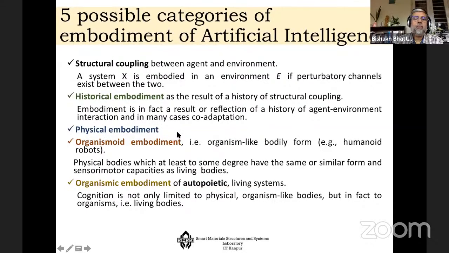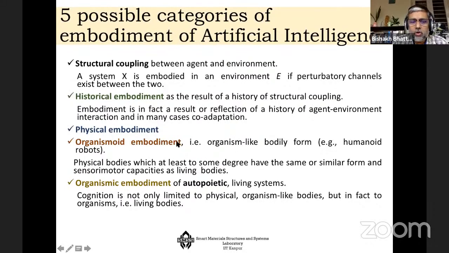These are the physical embodiment. With some more sophistication, we can bring in an organism-like or bodily form. So organismoid embodiment, which will have quite a few degrees of freedom, such that this entire sensory motor capacity can mimic a living body system. And of course, our final goal is to reach organismic embodiment of an autopoietic system, which would work just like a living system and think like a living system.